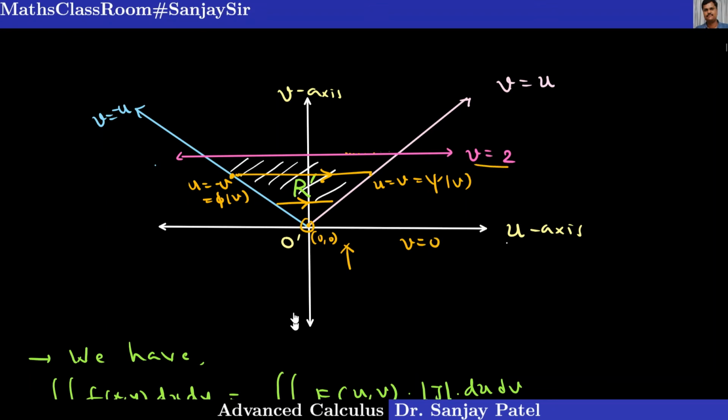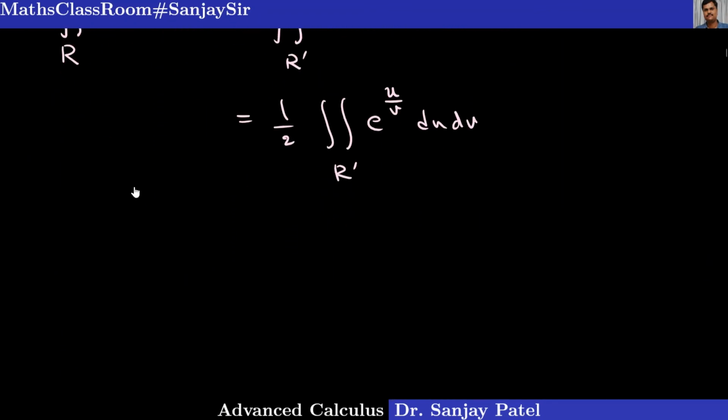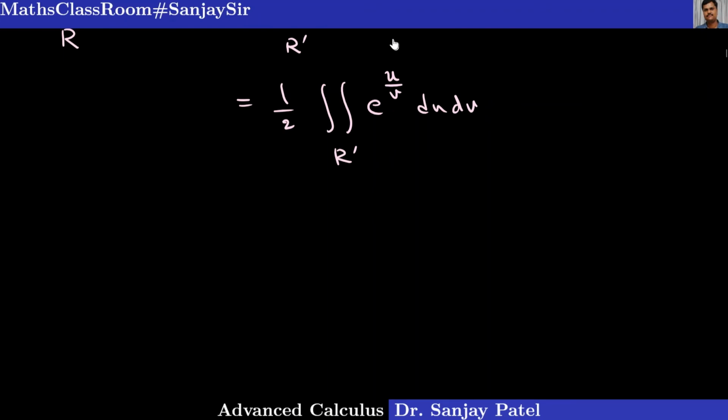So keeping in mind all this, now I can write the limits of integration here. This is equal to 1 by 2 times, integrating with respect to u first. So limits of u will be functions of v, and then with respect to v the limits of v will be constants.